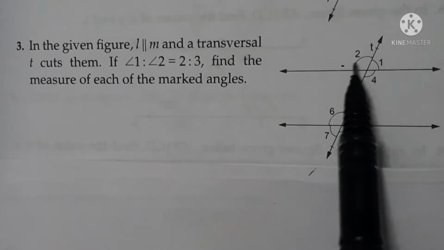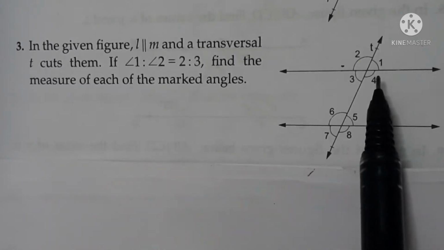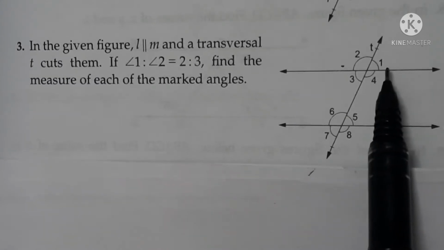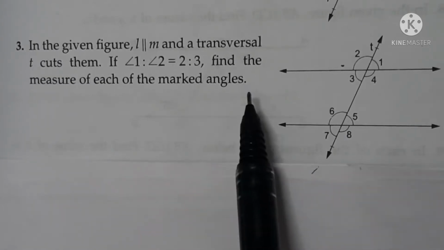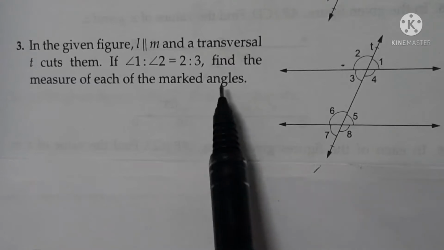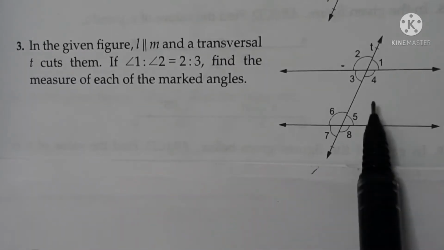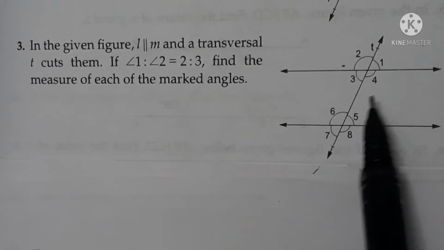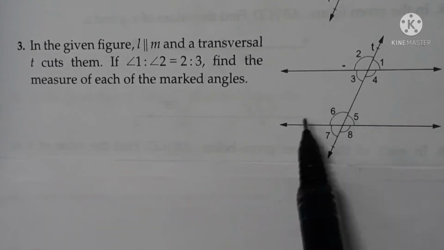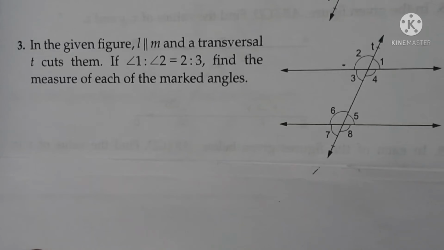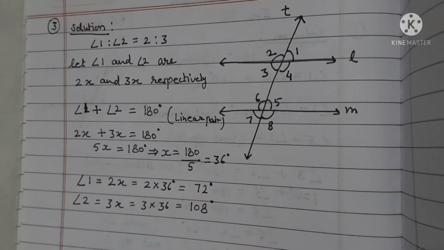The sum of a linear pair will be 180 degree. So first you get the value of x by putting angle 1 plus angle 2 is equal to 180 degree, and then find the pairs of the related angles. Now solve it.